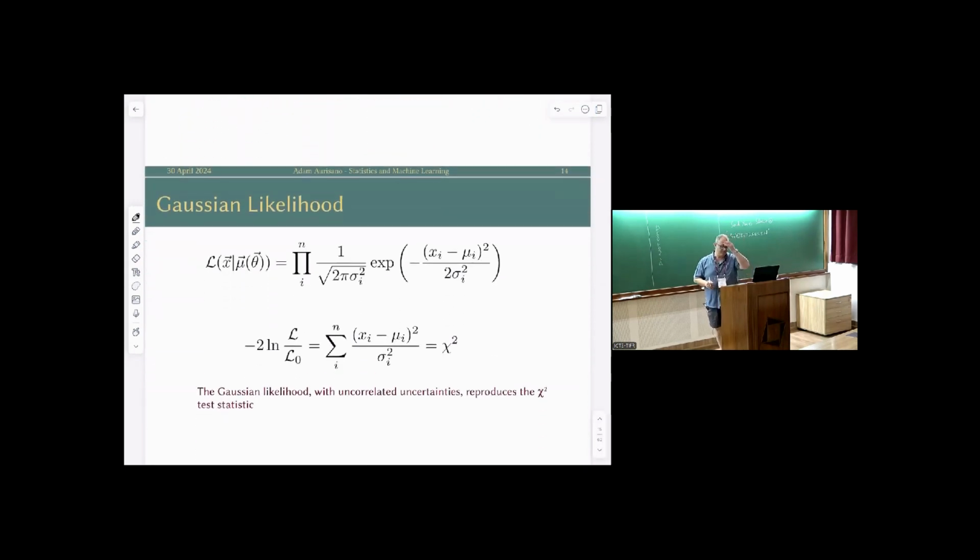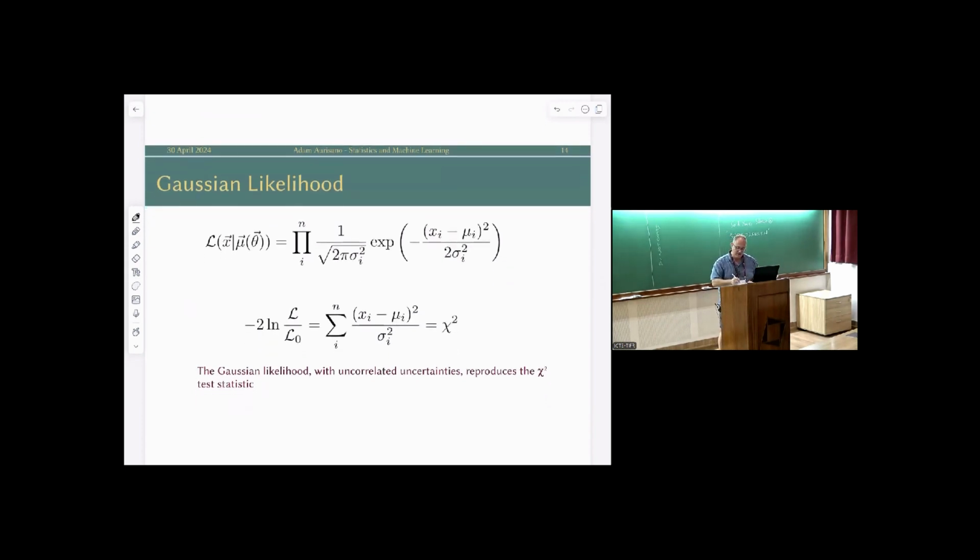Okay, so now this is the Gaussian likelihood. I showed you before that this gives you literally the chi-squared. The role that L naught is playing is, if you plug in x for mu, then you get 0 in this term.